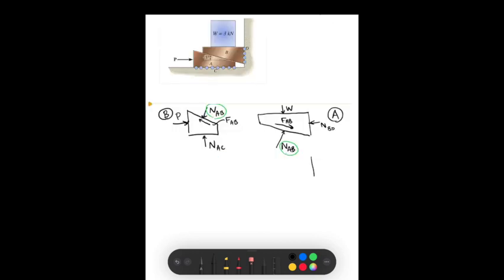I will help myself with a little bit of trigonometry to make sure I know whether to take the sine or the cosine, since we're at a 15-degree angle.